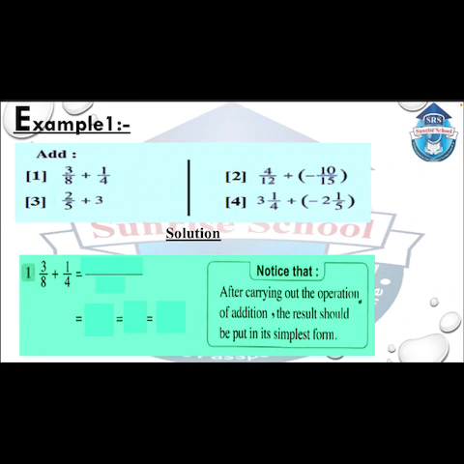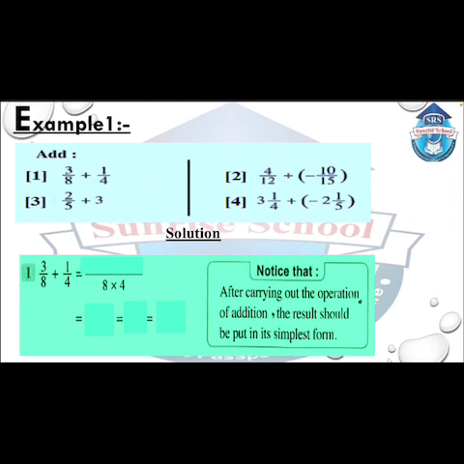Example 1. Add 3 over 8 plus 1 over 4. The denominator here is not the same. So what we are going to do, as we said, is multiply the two denominators together. So 8 multiply 4.